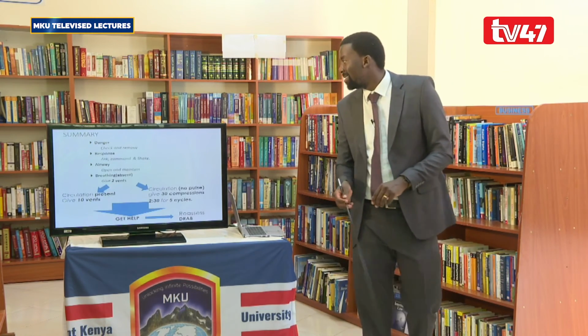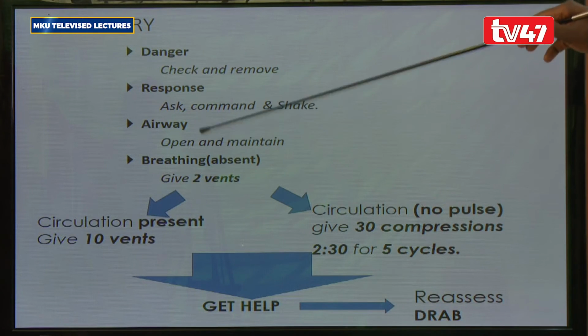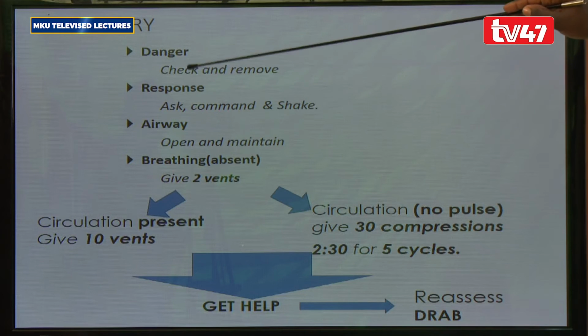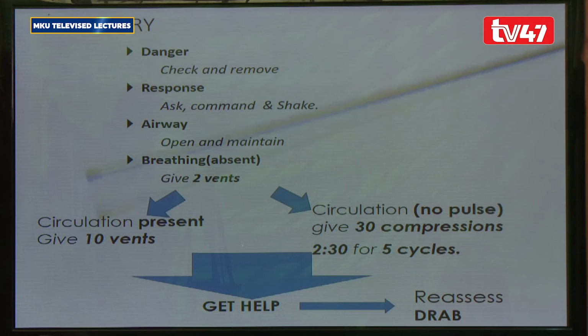So, in summary, what are we saying? We call it DRAB, acronym DRAB. Danger. Check for signs of danger. Remove any causes of danger around that might result in further injury to yourself, to your casualty, to bystanders, and so forth. Response of the client.